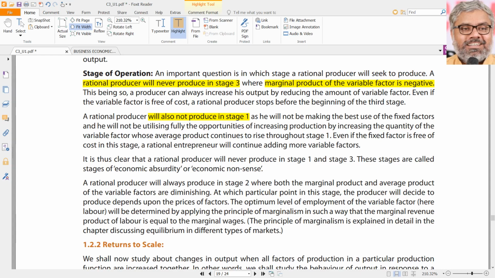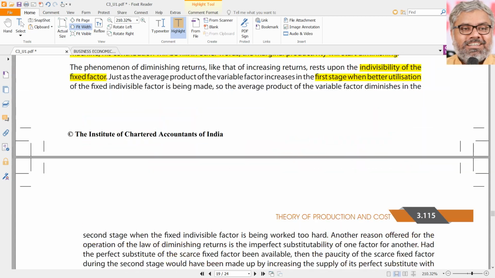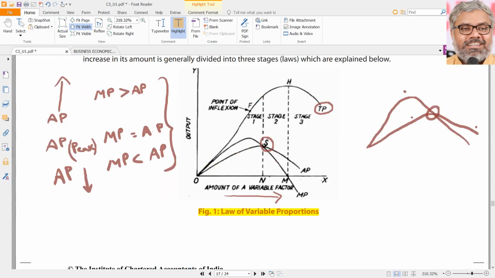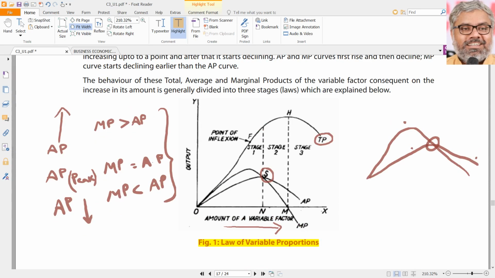So here a rational entrepreneur will continue to add more variable factors in stage 1, but where he will continue to operate for a longer period of time, where they will always prefer to produce, is stage 2. That is the reality. Stage 1 is not the reality. Stage 1 is generally a very, very new organization. For a very fresh period of time only will it happen.